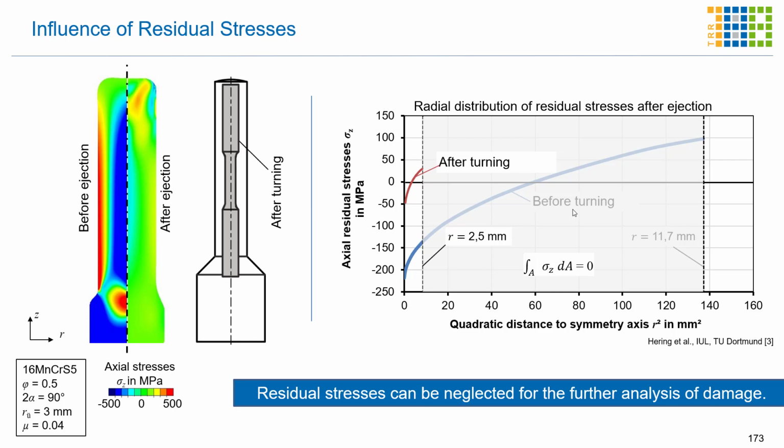At the end there will be a maximum residual stress of -50 and in the positive regime of around 30. With this at hand, we can say the residual stresses can be neglected, as for an extrusion strain of 0.5, the yield stress is around 800. So with these residual stresses, we are far away from additional plastic deformation, and we consider that ductile damage can only increase during plastic deformation.